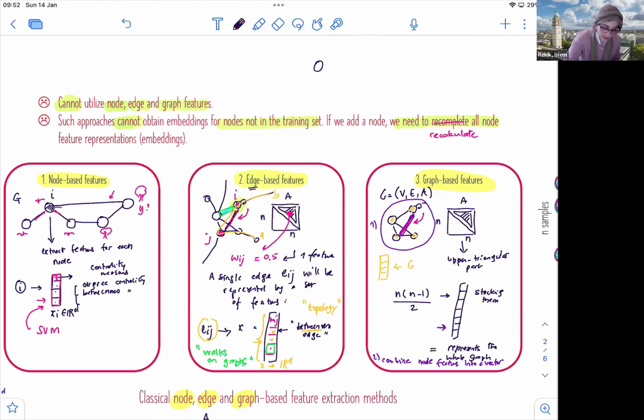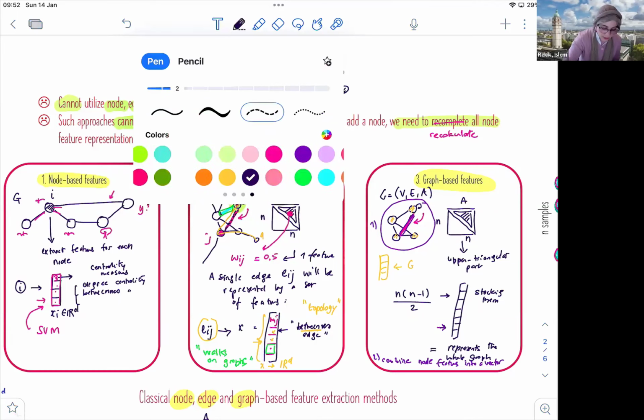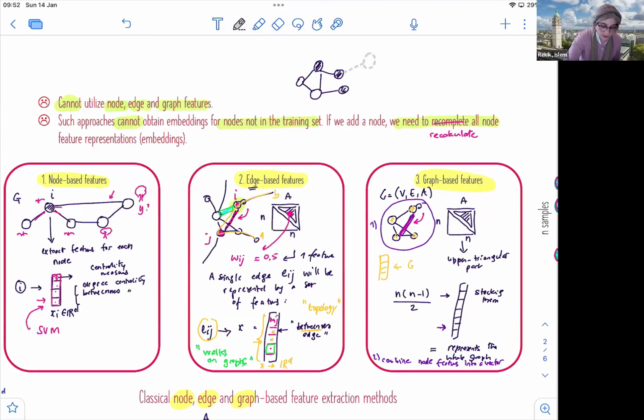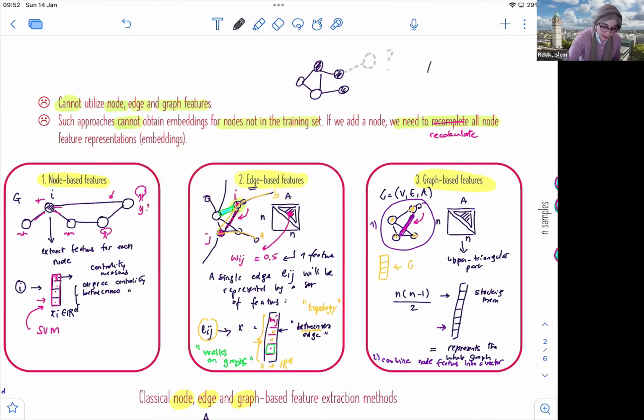So what that means is, if we have a graph like this, and we classify the nodes in the graph, and I have a new node. All right, so for example, I add a new node here, and I want to know the label. Now that we have changed the topology of the graph, we need to update the A, we need to recalculate the centrality, because now this node has two neighbors, not only one, right?